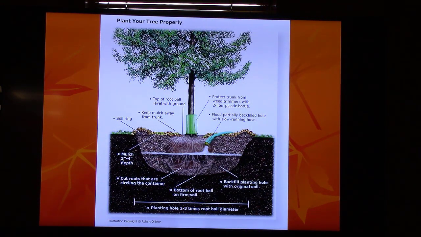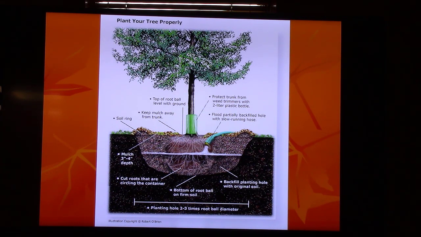Alright, so when you're planting your tree, we've already got the tree and brought it home, and one thing I forgot to mention: if you're buying your tree at a nursery or Walmart or Home Depot, sometimes their trees aren't the best. But if you know what to look for, you can still find the good ones there that haven't been picked over.